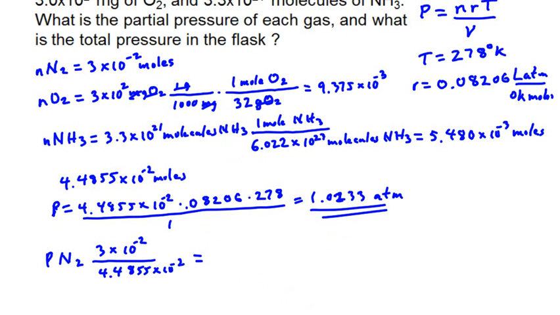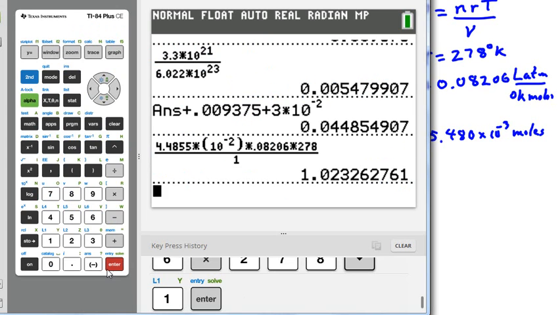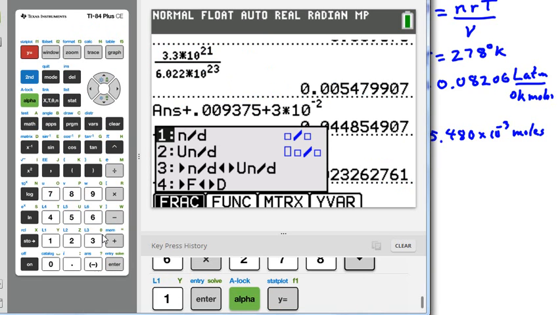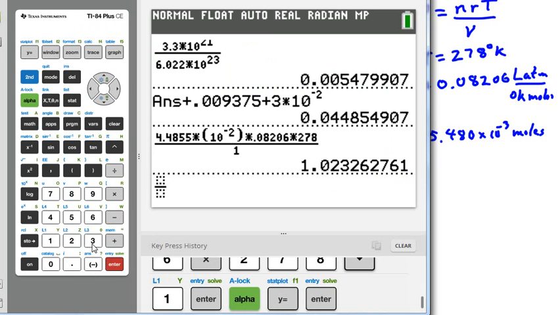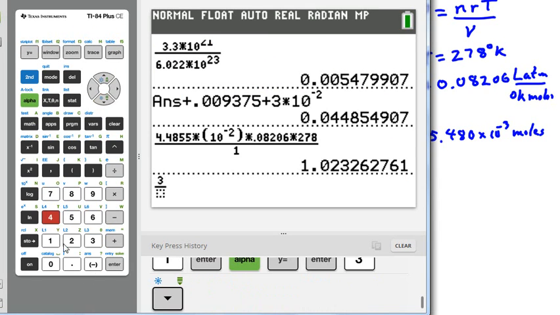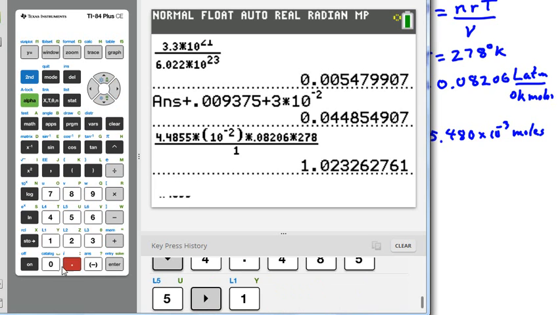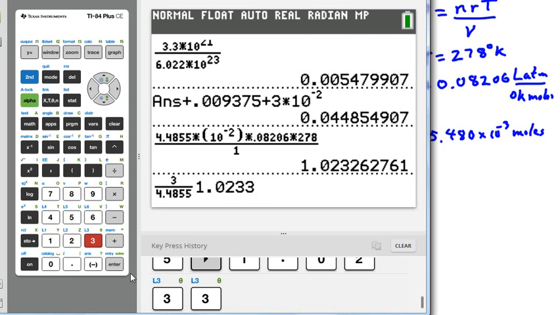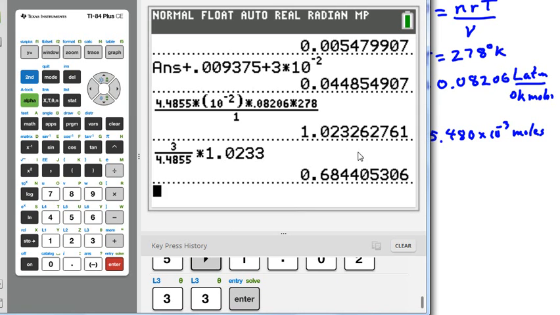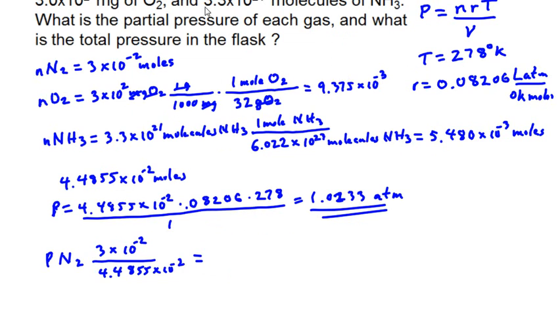We can just take this 3 over 4.4855, and we need to multiply that by the total atmospheres, 1.0233, and we get 0.684 atmospheres.